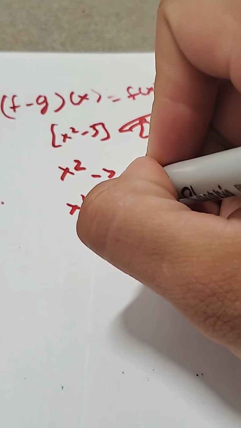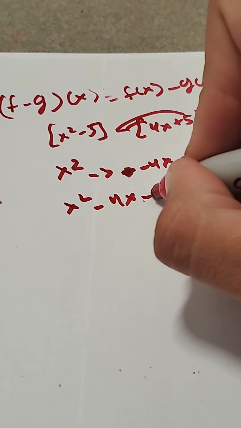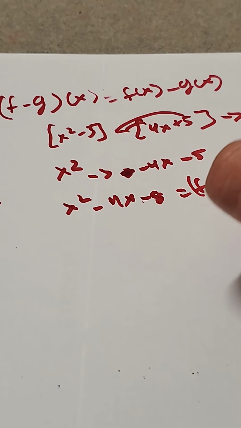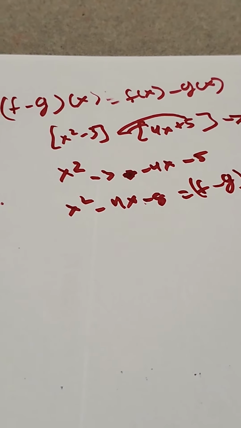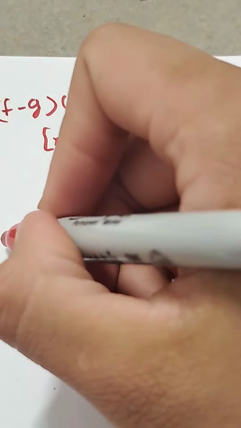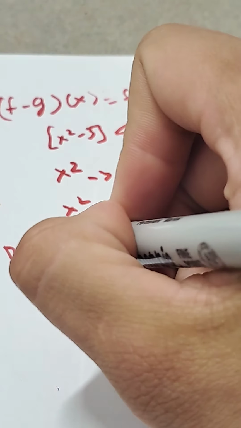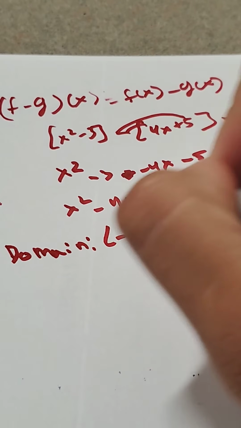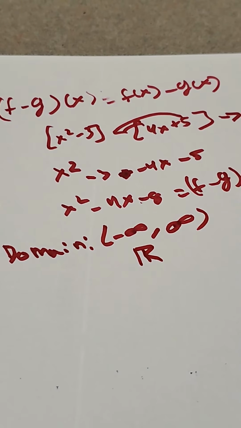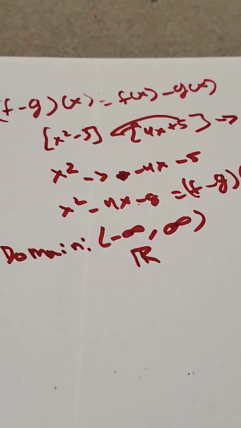X squared minus 4x minus 8 is equal to f minus g of x. And then this is also a polynomial. Negative infinity to positive infinity, all real numbers, is the domain.